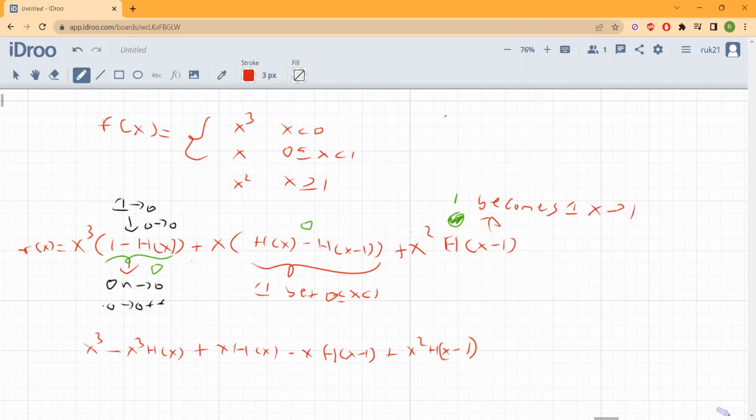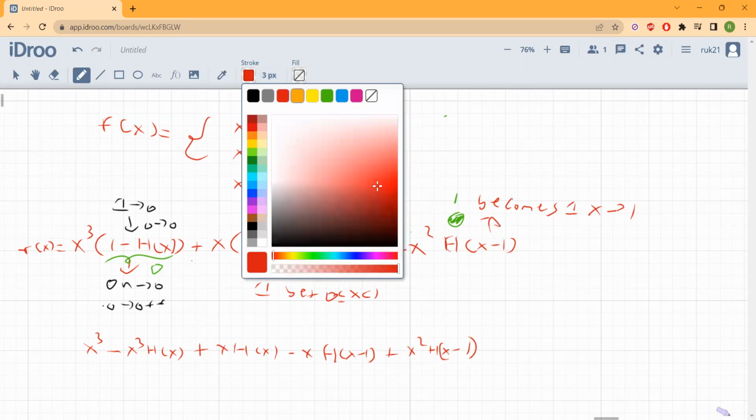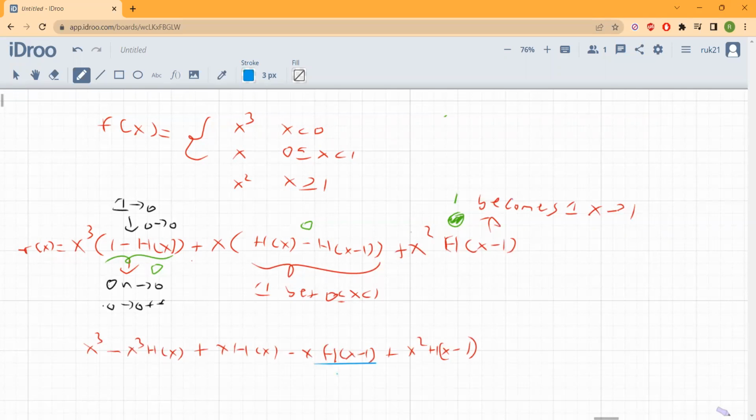So now we're going to group like terms, and I'm just going to underline it so you can clearly see which terms are alike. So these terms are alike because they both have h(x minus 1), and these terms are alike.